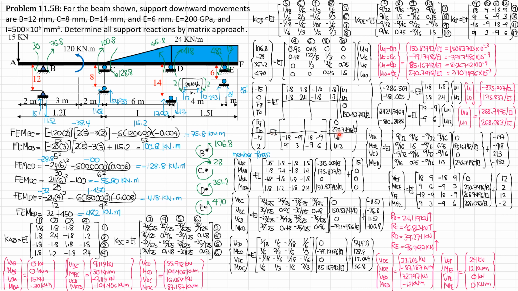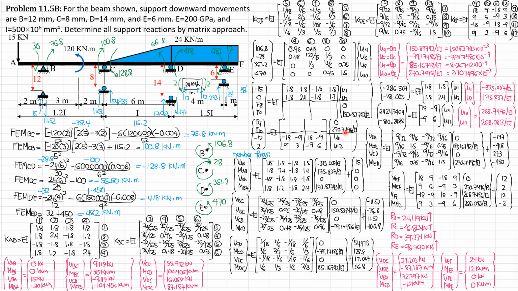So we can cancel EI. When we transpose, this becomes negative 12 because that's negative, so plus 9 times 270.7496. It becomes 2424.7464.